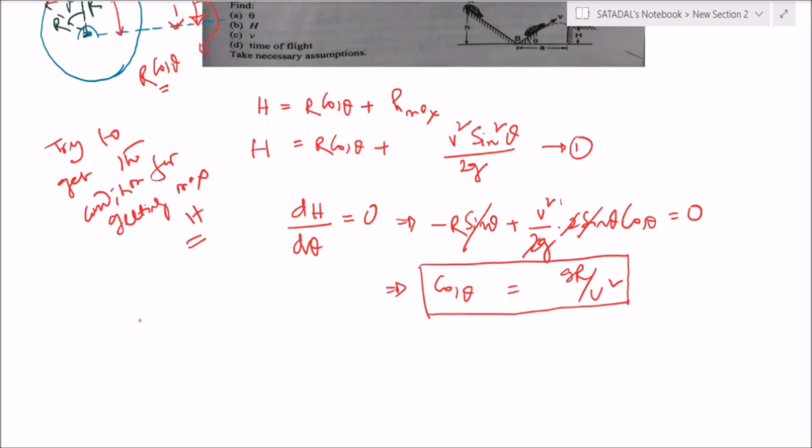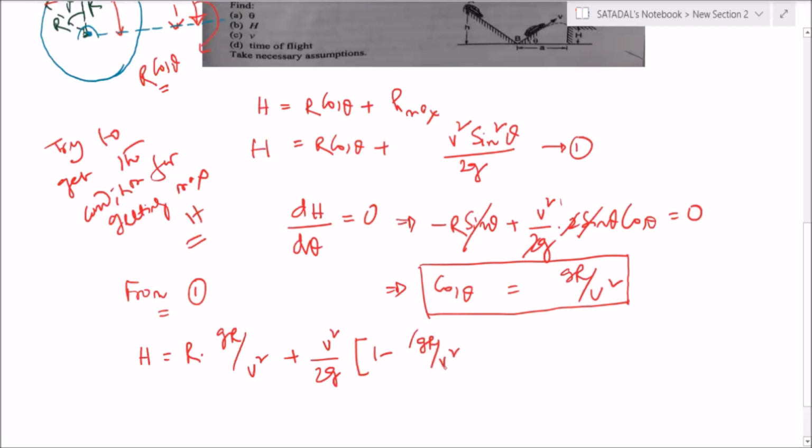Fine. Now let us rewrite the equation from 1. If I replace this value over here, then capital H is coming to be r into gr by v square plus v square by 2g. Sin square theta means 1 minus cos square theta, so that will be 1 minus gr by v square whole square. The result comes gr square by v square plus v square by 2g minus, see, v square by 2g into this will be cancelled.